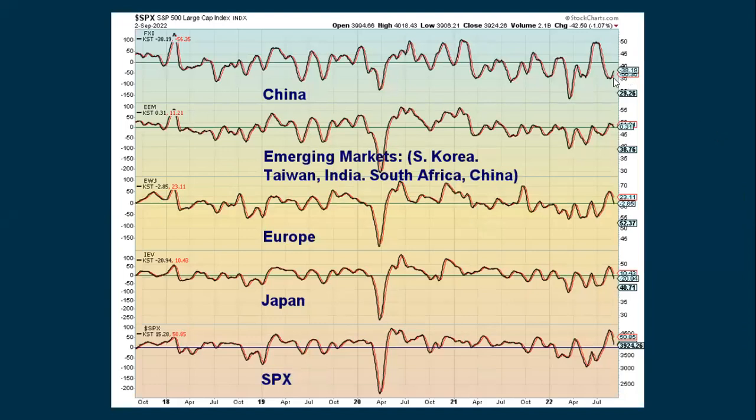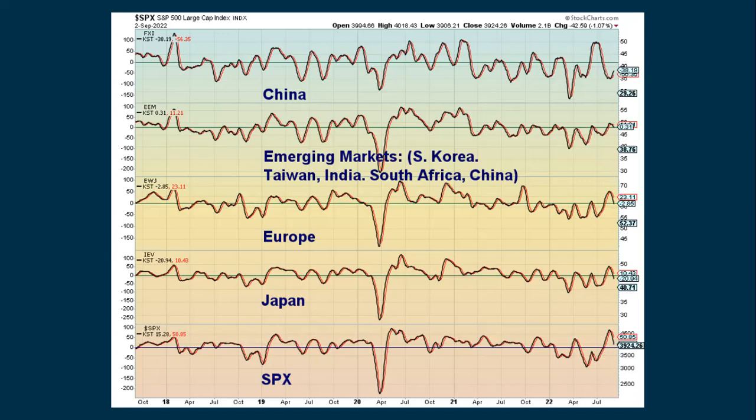Internationally, China's starting to turn back up, even though there's a lot of pretty bad economic news coming out of China. They found some COVID cases there, so they're locking down at least one of their bigger cities. There's been some things in the news about what's happening in their real estate markets, and they could be running into some real problems.